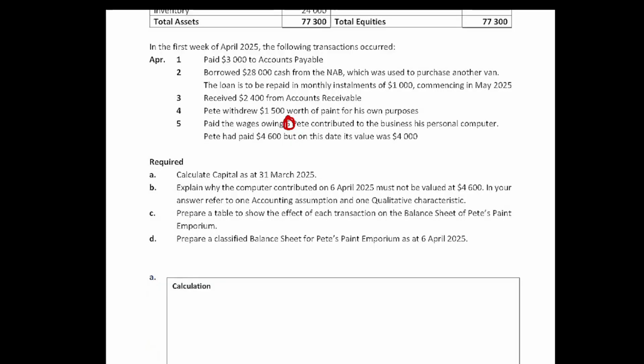In the business, the value is $4,000 for the business, because it is the value of the computer at the contribution.